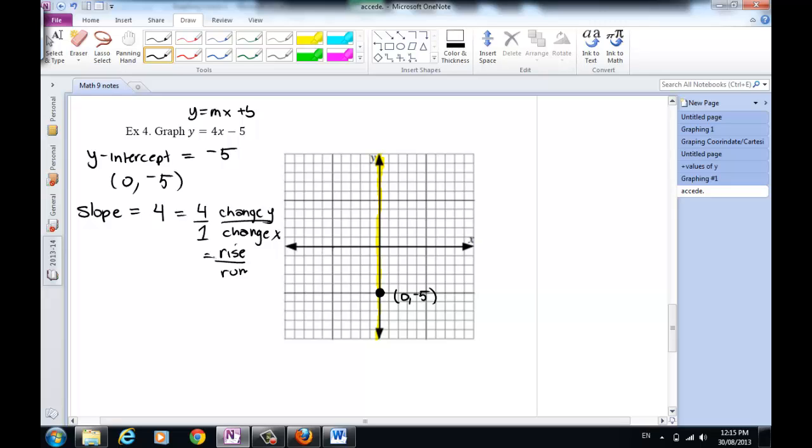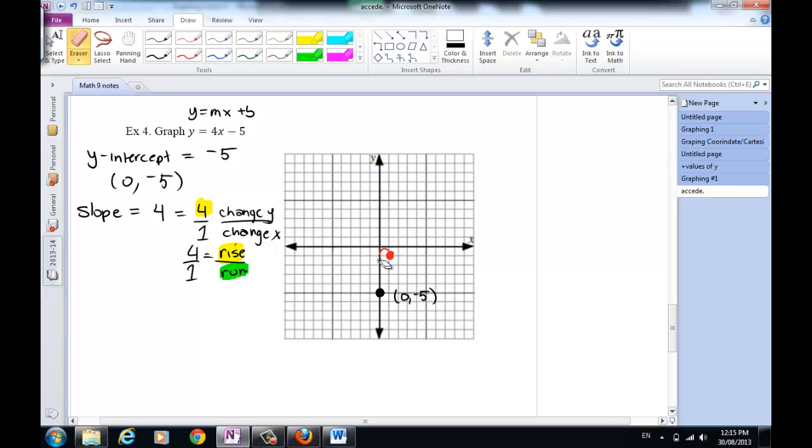So if I start at any point, to get to the next point, I'm going to go up 4. Maybe I'll write it down here. And I'm going to go positive 1. So from my point, I'm going to go up 4, 1, 2, 3, 4, and I'm going to run 1. And I'll put that point in there.